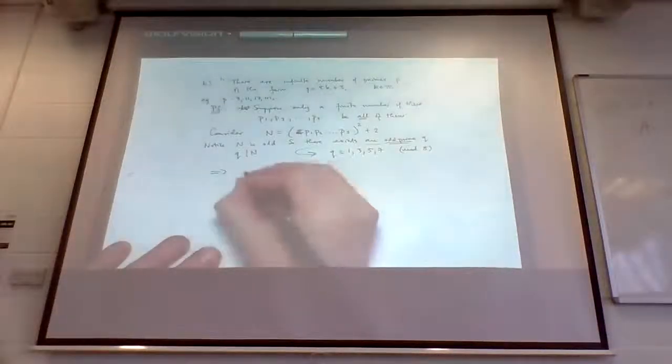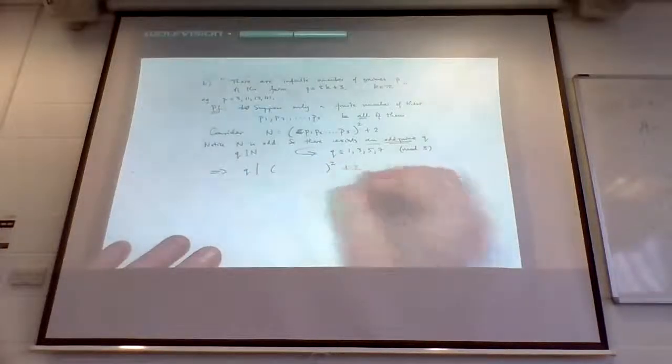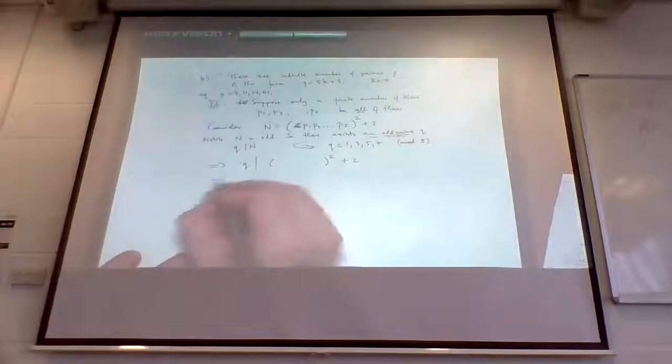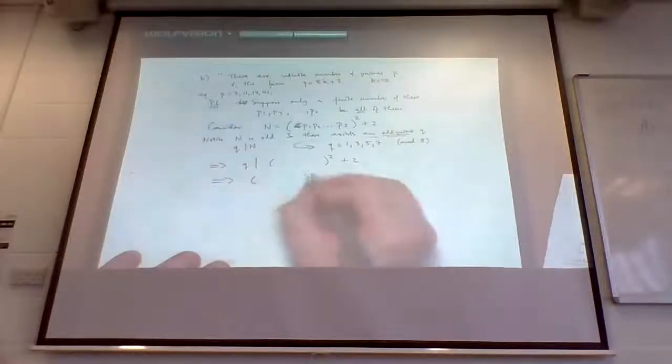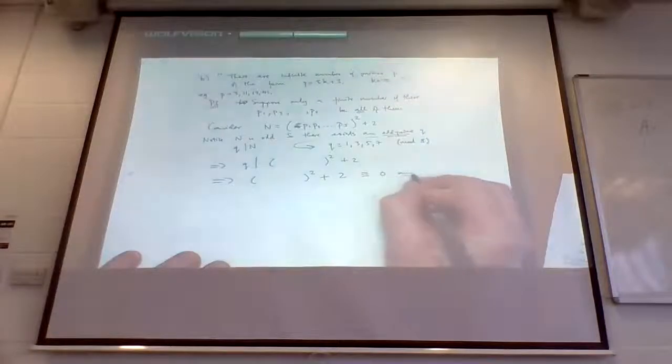Now, if q divides n, that means q divides this big bracket squared plus 2. So that implies that this big bracket squared plus 2 is congruent to 0 modulo q.